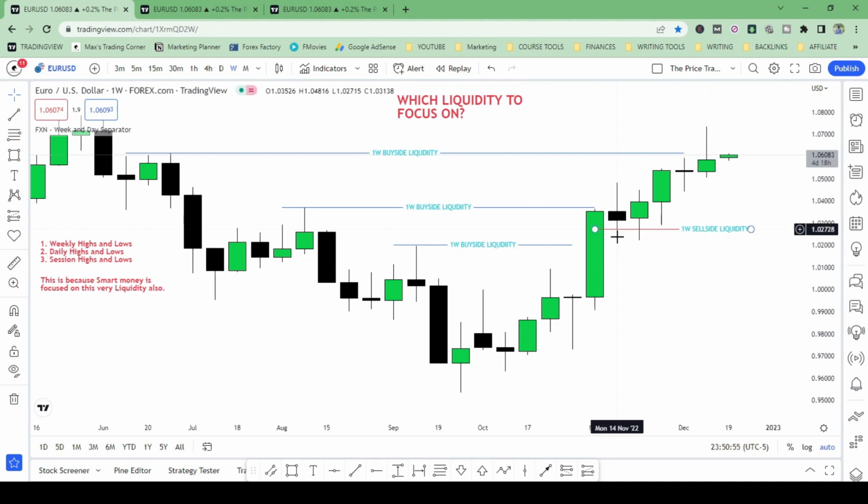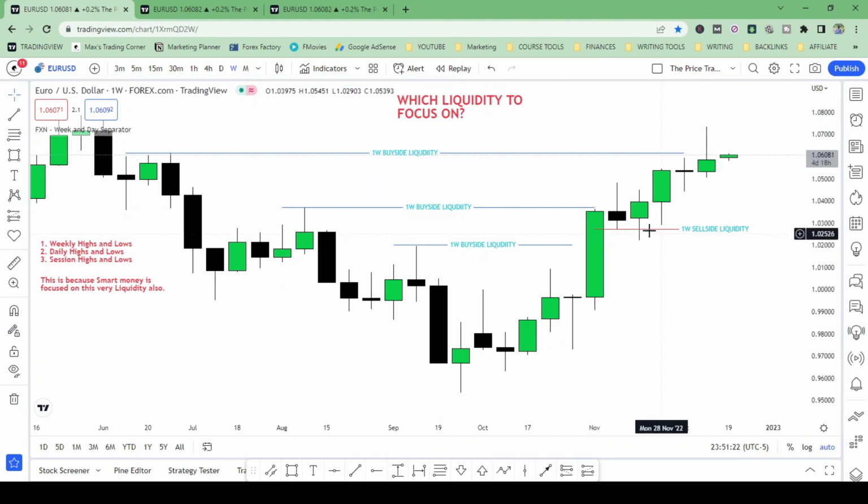When we enter this week of Monday, 21st November, we see that the market was taking out this previous week low, but it was also taking out inside a fair value gap. So you want to couple your liquidities with either a fair value gap or an order block that can be used to propel the market higher into buy side liquidity.